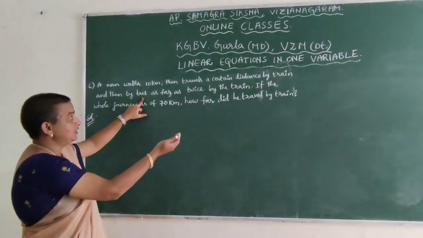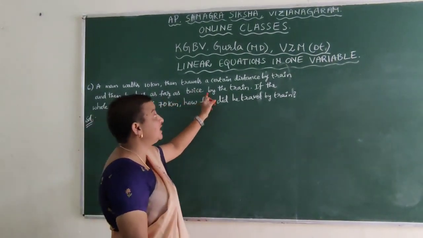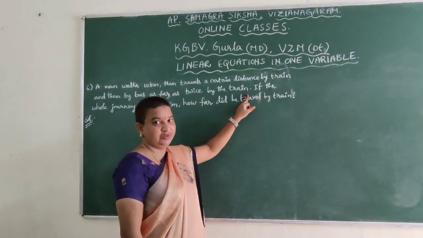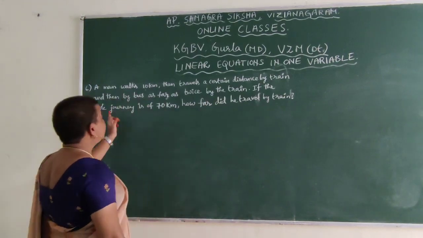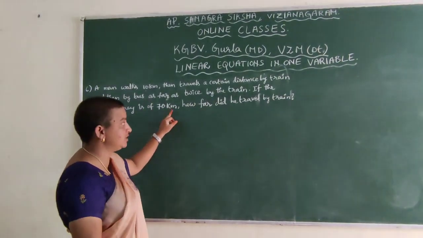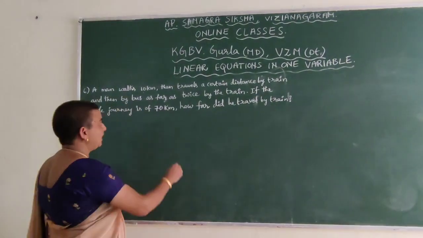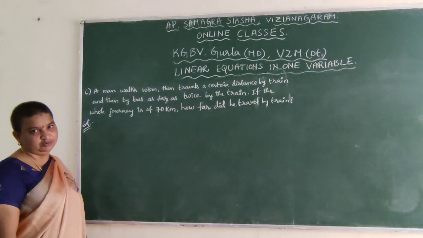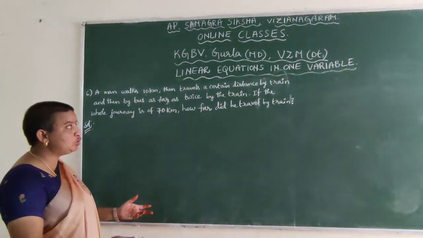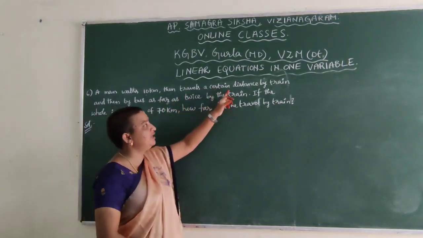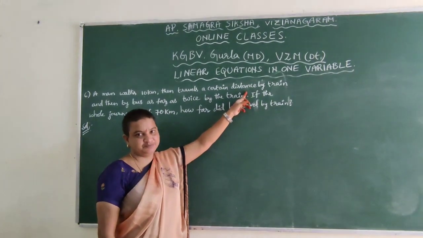After the train, he traveled by bus as far as twice by the train. If the whole journey is of 70 kilometers, how far did he travel by train? The man traveled a total distance of 70 kilometers. He traveled 10 kilometers by walking. We don't know how much distance he traveled by train. So, let it be a variable x.